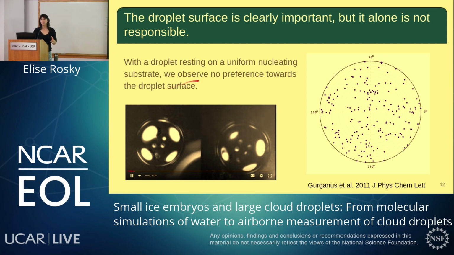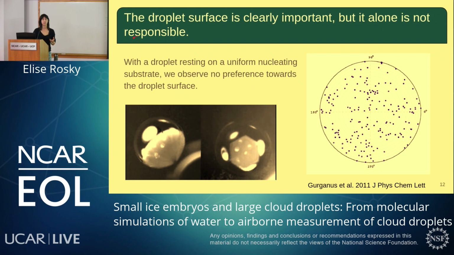However, though the droplet surface is clearly important, as shown in the previous experiment, it's not solely responsible for that experimental result. In 2011, Colin led this experiment to sort of verify the previous hypothesis.